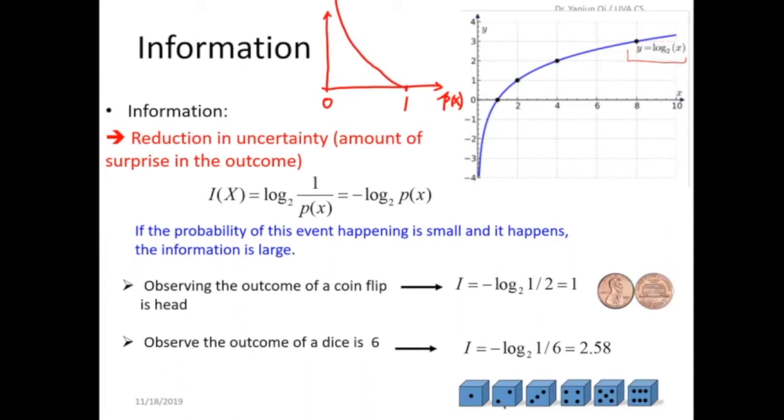As your p becomes smaller and smaller, the information gets larger and larger. The intuition is, if the probability of an event happening is small, and it happens, that means the information is large. So that's the basic intuition.